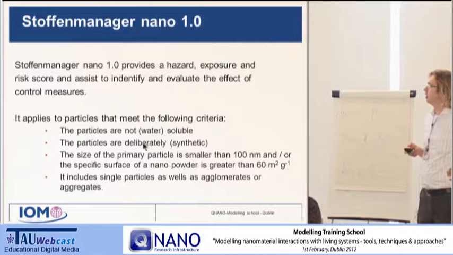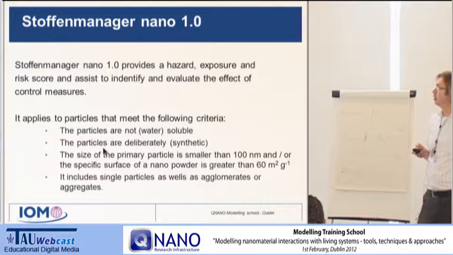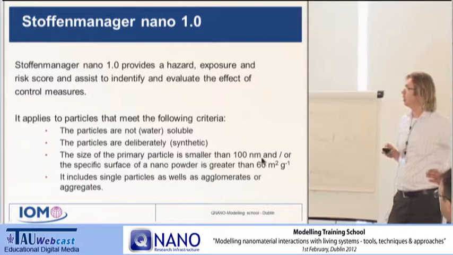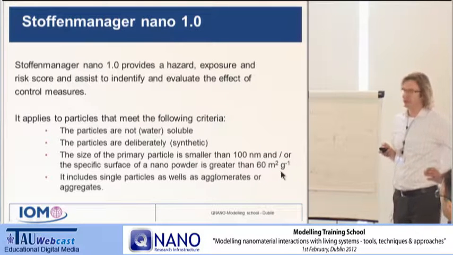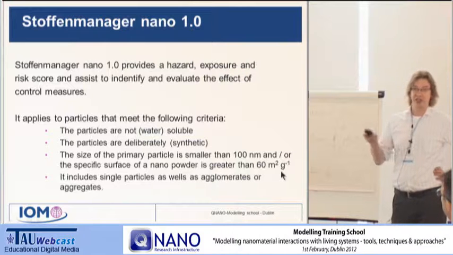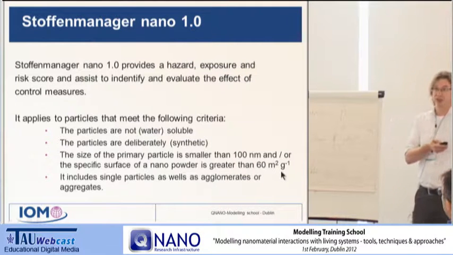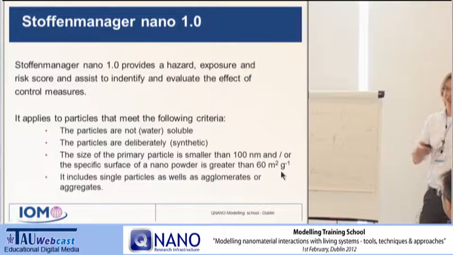So particles should not be soluble. It's for engineered nanoparticles. The particle size is smaller than 100 nanometers. The specific surface area is greater than 60 square meters per gram. If it's higher than that, you basically use the traditional tools.